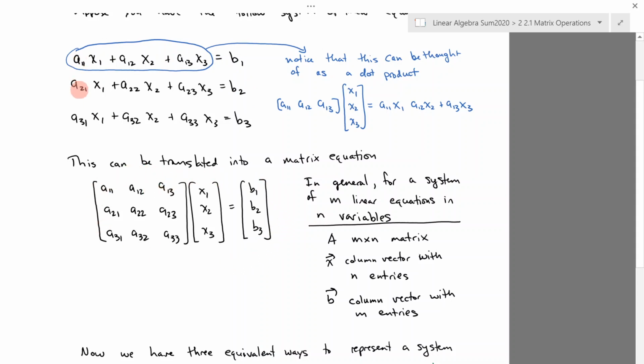Again, this example is 3 equations in 3 variables, but in general you can have any size system, m equations in n variables. So typically in general this will be an m by n matrix, so it doesn't have to be square. This will be a column vector with n entries, so this is an n by 1 column vector.